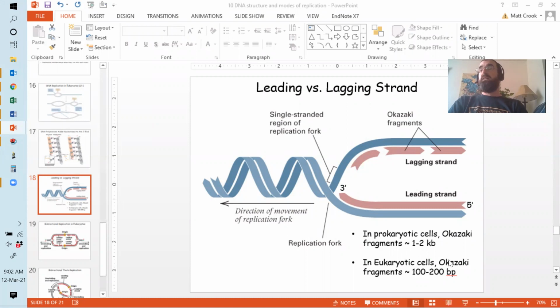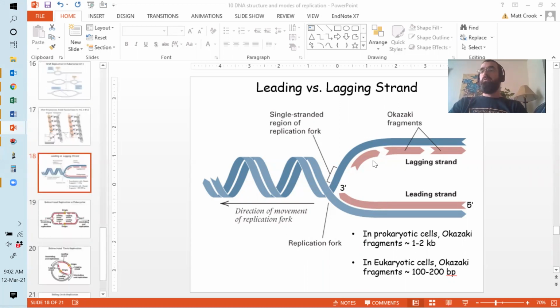And that generates these things called Okazaki fragments, which vary in size depending on the organism, from 1 to 2,000 base pairs in bacteria to really short ones, actually 100 to 200 base pairs in eukaryotes. Now, if you think how big a eukaryotic chromosome can be, we're talking in the order of potentially 100 million base pairs. That's an awful lot of Okazaki fragments, right?